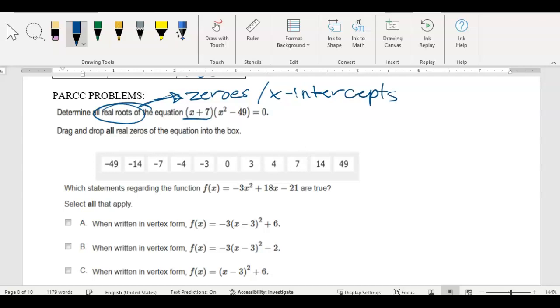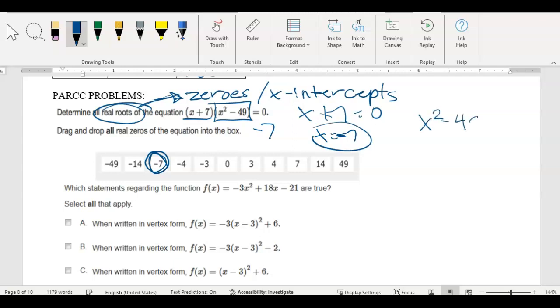So here, one x-intercept would be -7 for sure. Okay? So -7 is one of our x-intercepts. The other thing we have to look at, though, is this one. So if we do x plus 7 equals 0, we got x equals -7. We know that that's true. But we also need to look at x squared minus 49 equals 0. And when that happens, I can add 49 to both sides. And I get x squared equals 49.